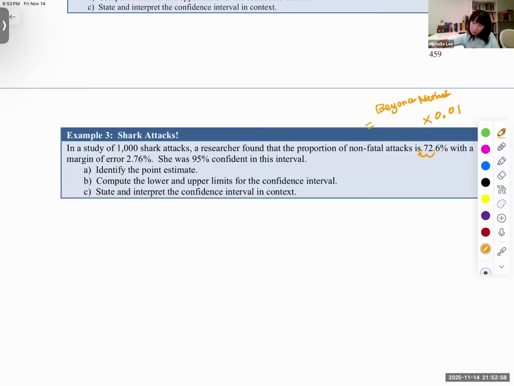So that will be 0.726. That is p hat, the point estimate.